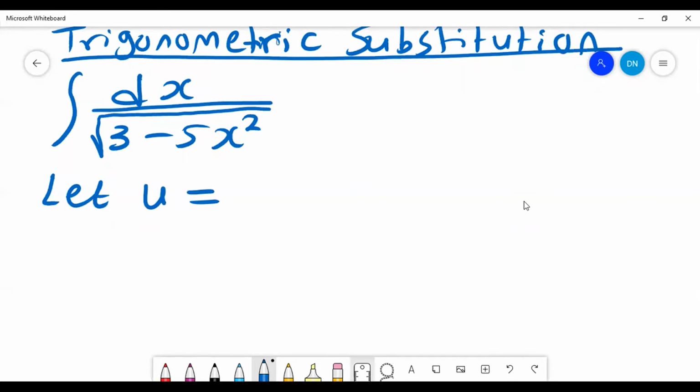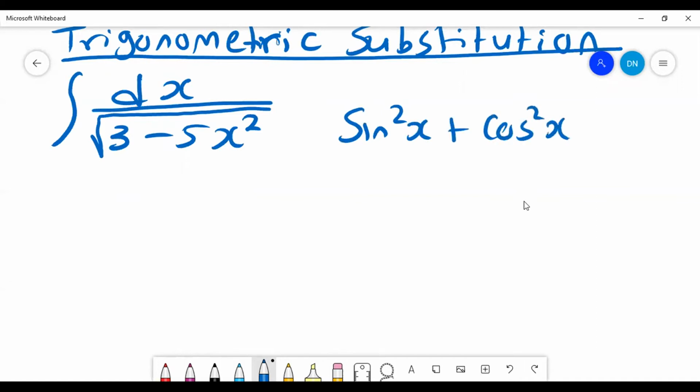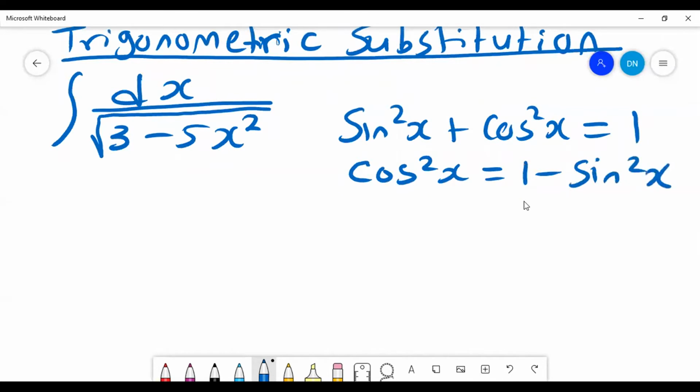The first knowledge before we go to introducing this is I want us to keep in mind this identity: sine squared x plus cos squared x is equal to 1. Or in other terms, cos squared x is equal to 1 minus sine squared x.